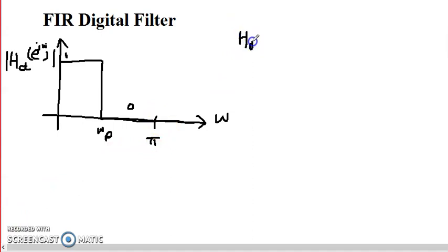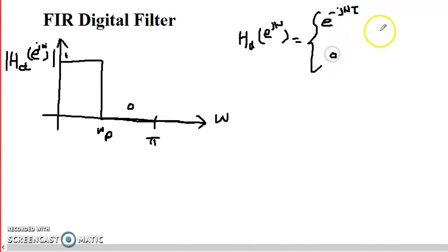So ideally HD of e raised to power j omega should be equal to e raised to power minus j omega tau when mod of omega is in between 0 and omega p, and 0 when mod of omega is in between omega p and pi.